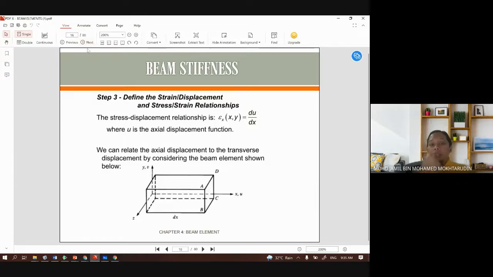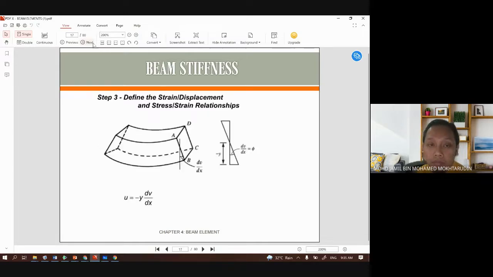And now we continue by finding the stress strain, stress displacement relationship. So the strain equals du over dx. We can relate the axial displacement to the transverse displacement by considering the beam element. Again we take a small beam element, and then we find using the similar things that I've explained previously.